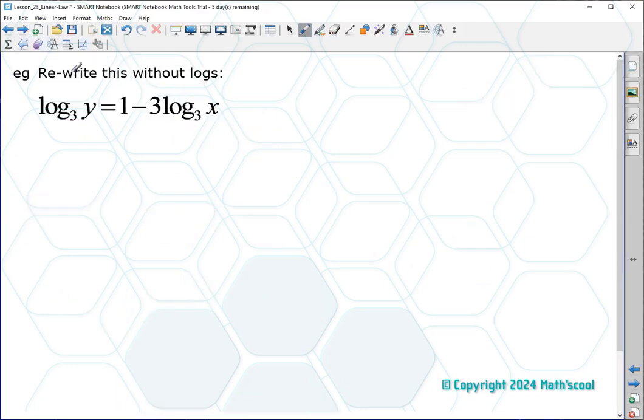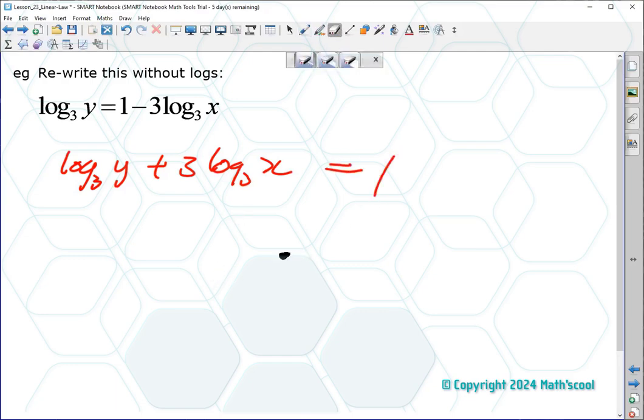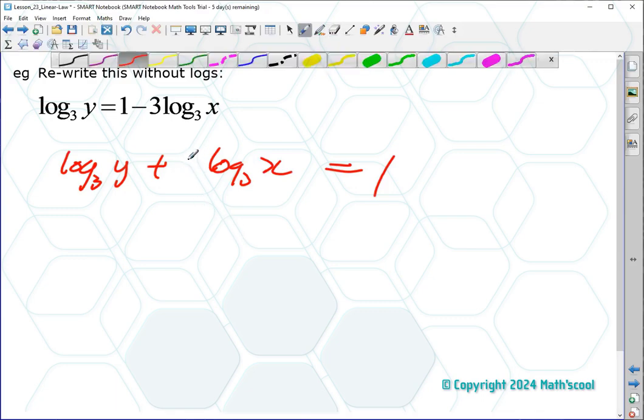Okay. And you do this one for me, Banchita. So you take minus 3 log to the base 3x to the other side. Okay, done that. Then you put the 3 as x cubed.